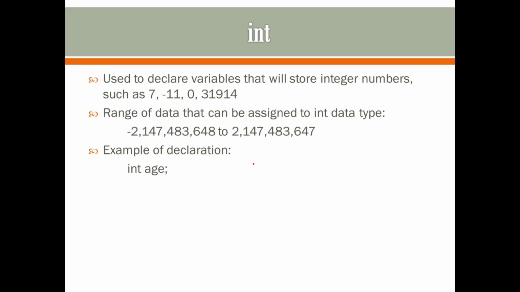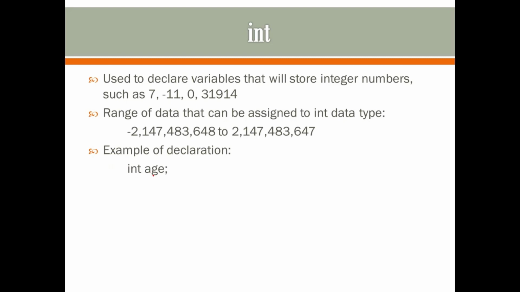The range of data assigned to the integer data type is from negative 2147483648 to positive 2147483647. How to declare using the integer data type?